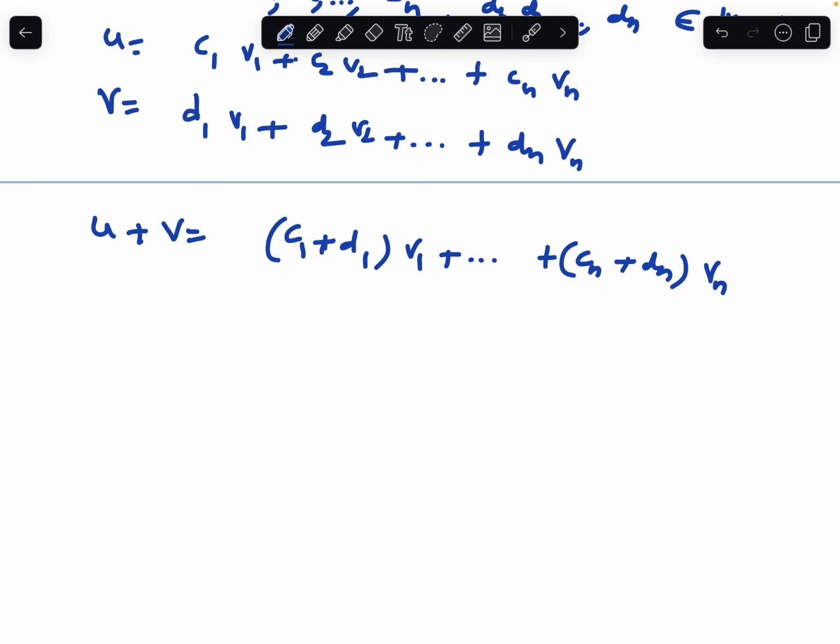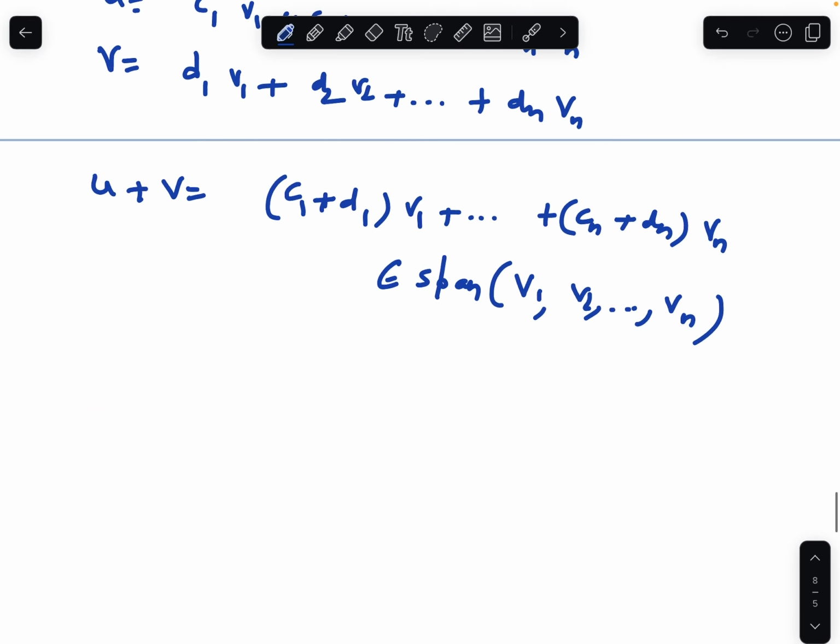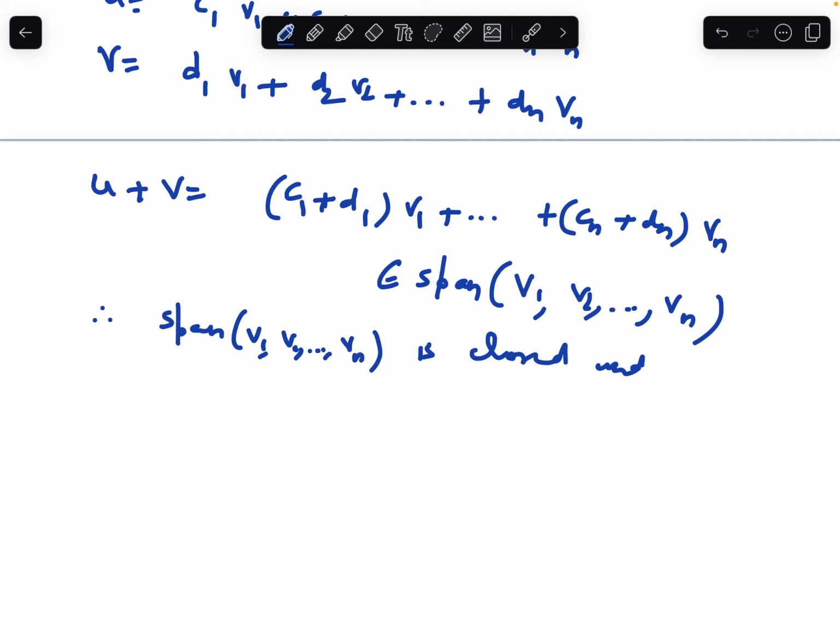That means it belongs to span of V1, V2, Vn. So closure is satisfied. That is, we can say span of V1, V2, Vn is closed under addition.